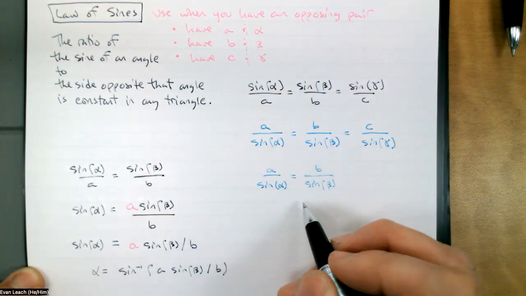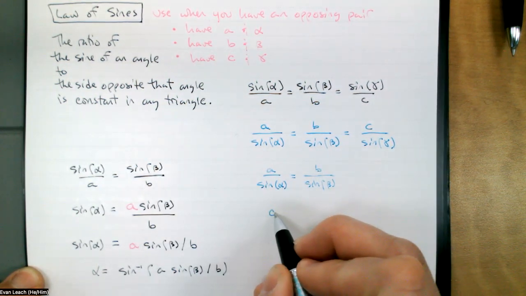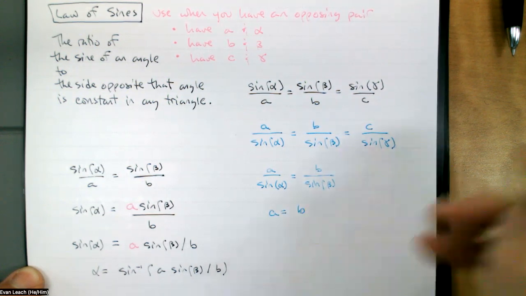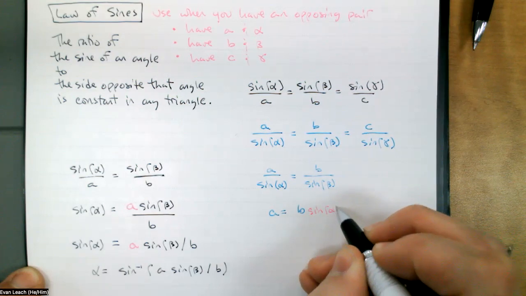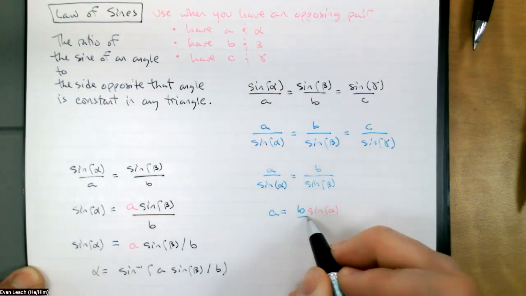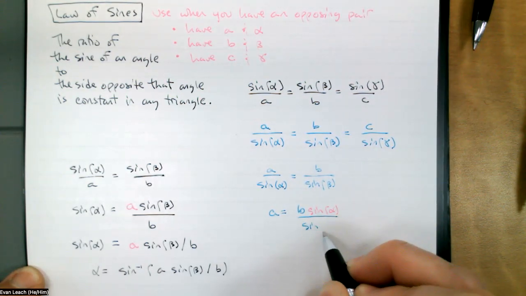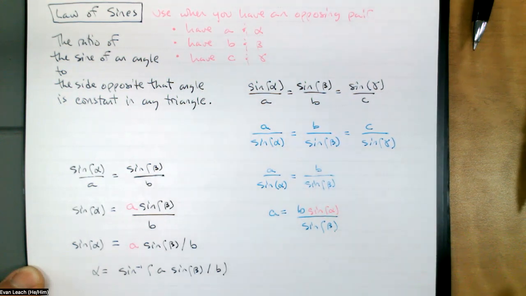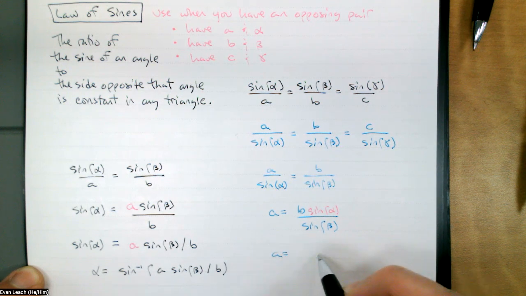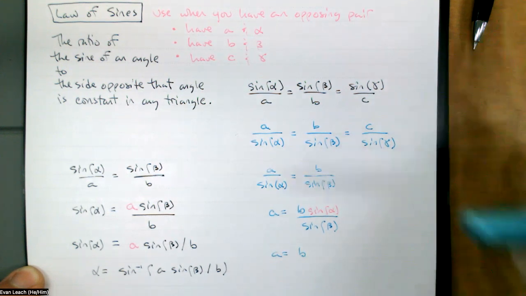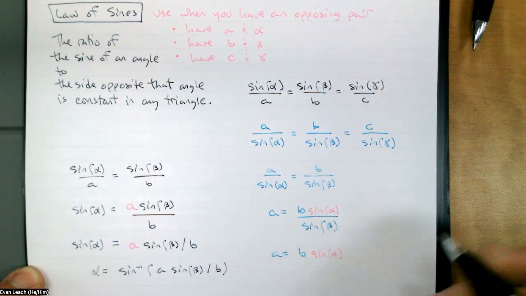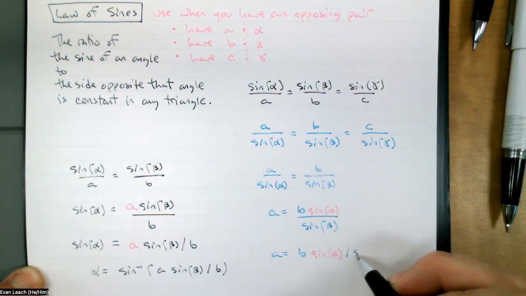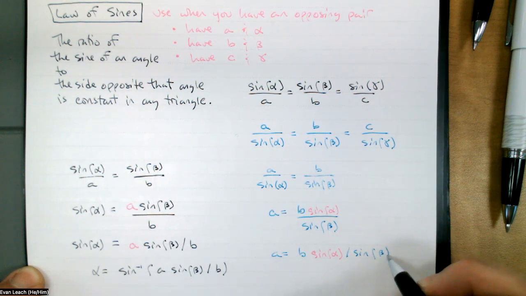If we multiply both sides by sine of alpha, then we'll get A is equal to B times the sine of alpha over the sine of beta. Or in single line syntax, we'll have B times the sine of alpha, close parentheses, divided by the sine of beta.